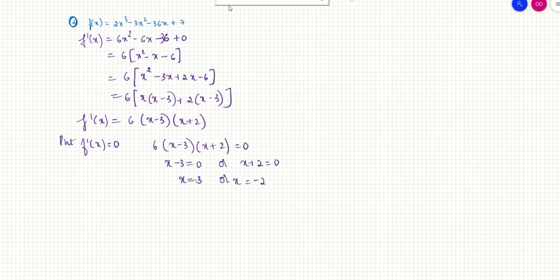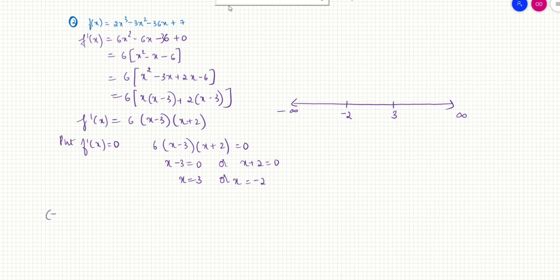Now let's draw a number line from minus infinity to plus infinity and denote these points in the ascending order on the number line. Now these points cut the real number line into three intervals.